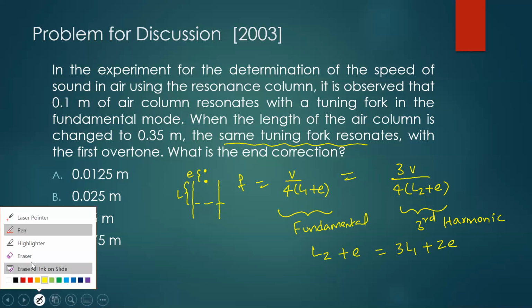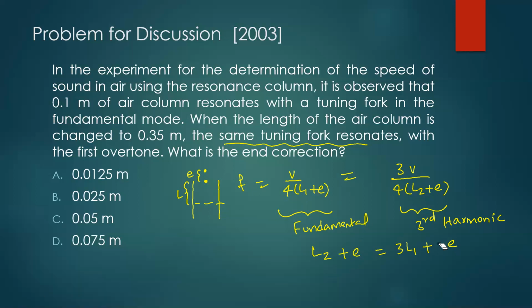3E, right? Yeah, mistake. In my head, I'm already getting 2E. So this is 3E. So 2E will be L2 minus this. So what is L2 given as?